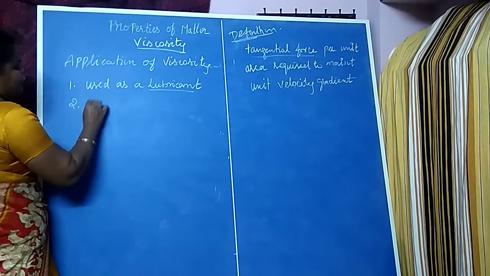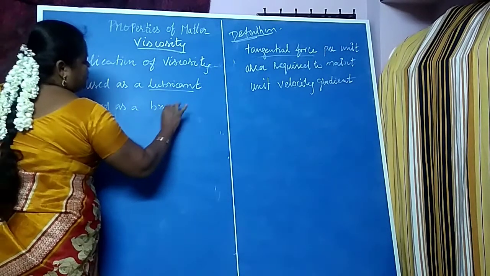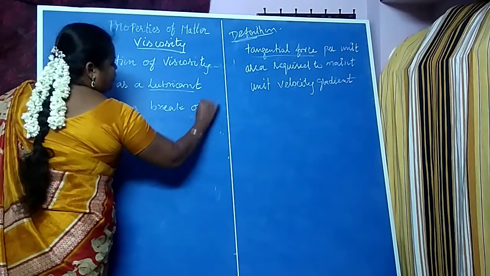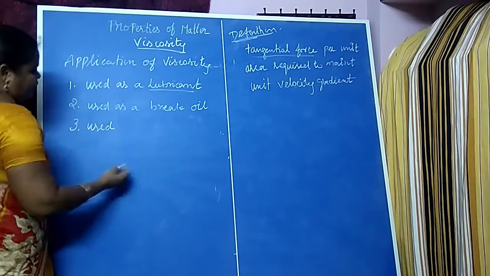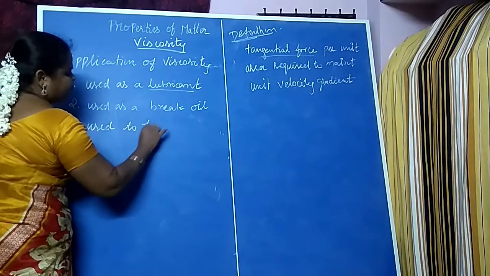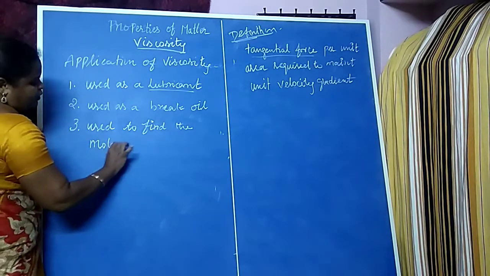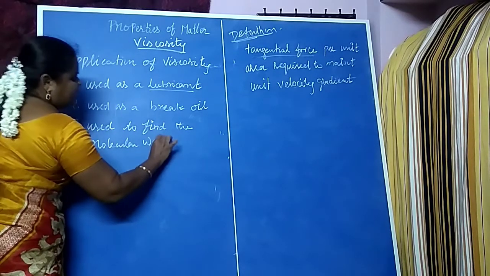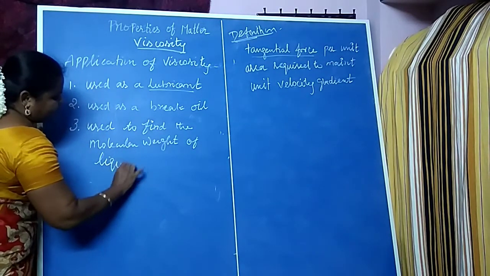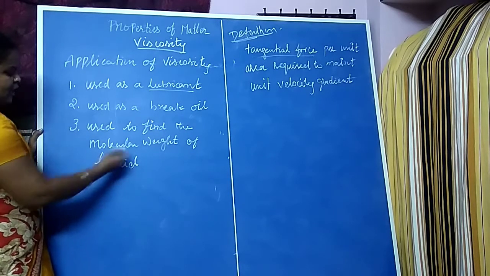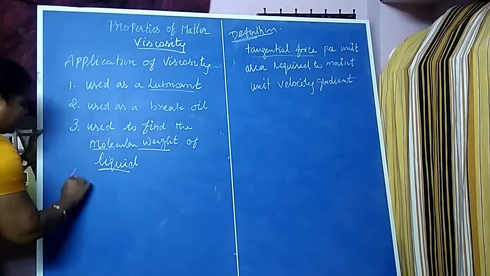Then it is used as a brake oil in some hydraulic brakes. Third one, used to find the molecular weight of the liquid. The knowledge of coefficient of viscosity is helpful to find out the molecular weight of the liquid.